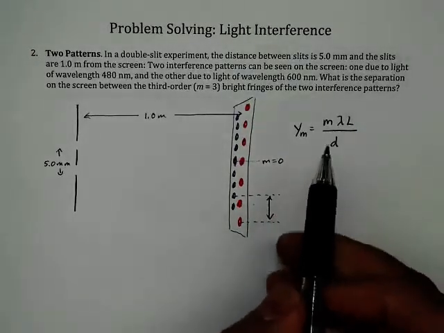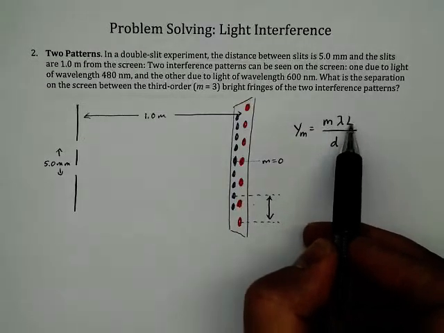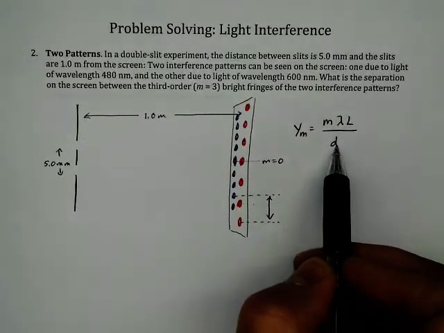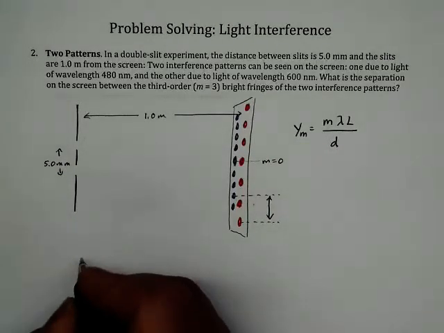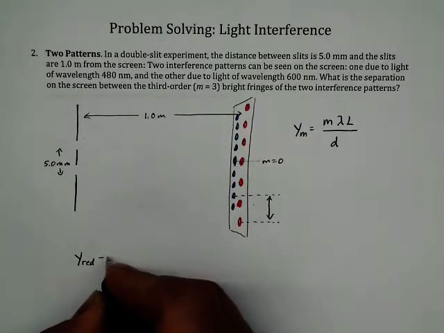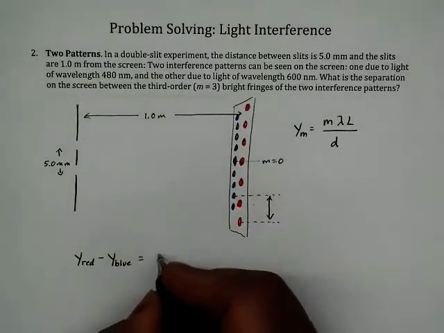And we've shown elsewhere that that spacing is the number of fringes times the wavelength times the length over the distance between slits here. So this means I'm looking for the third order space from red light minus the third order space from blue light.